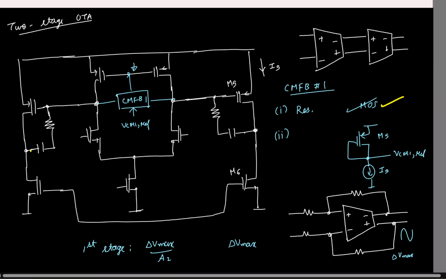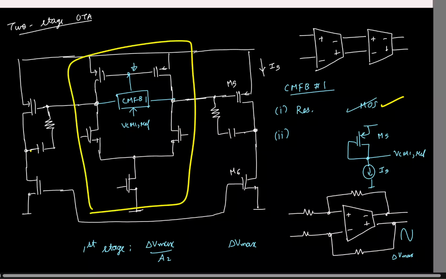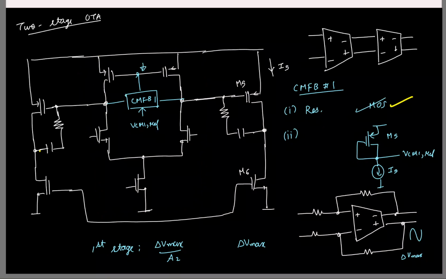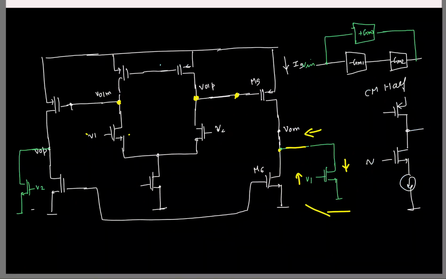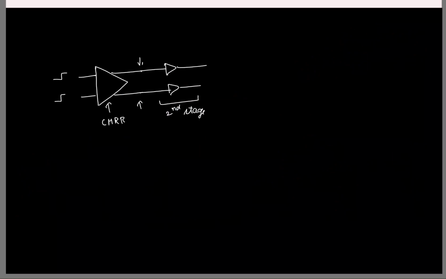So this is okay here because the first stage is having a good common mode rejection. Whereas in the feedforward case, that was a problem because the third stage here was directly connected to the output. So that was killing our common mode performance. So that is why this also needed to have a good common mode rejection, because it is directly processing the input. But otherwise, it is okay even if only the first stage has a good common mode rejection.